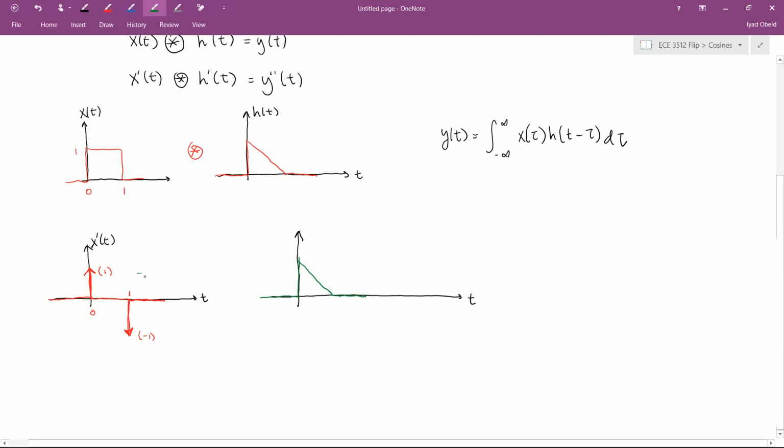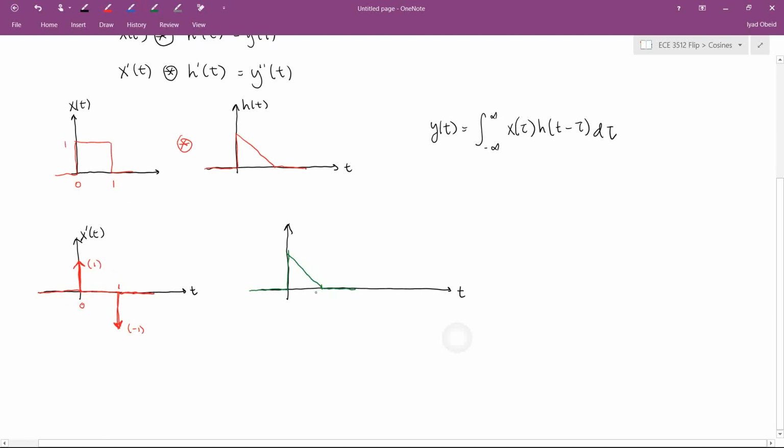Then when I convolve with the second impulse, I'm going to get a copy of h, but shifted to the right by 1 unit. And because the area of that impulse is -1, my copy of h will be flipped upside down. Okay, so here we go. That's 1, that's 1, and that's 2.